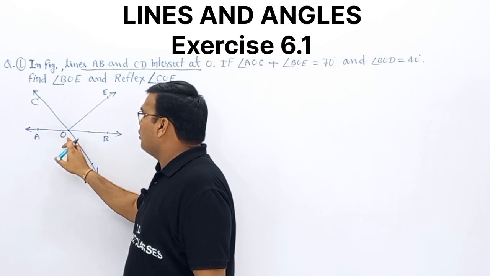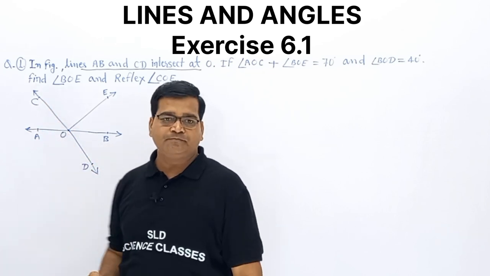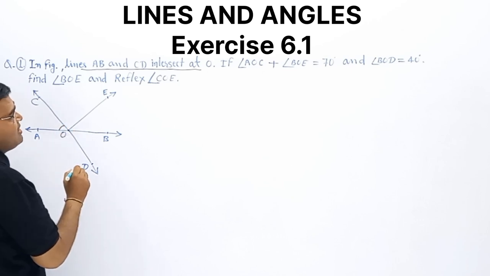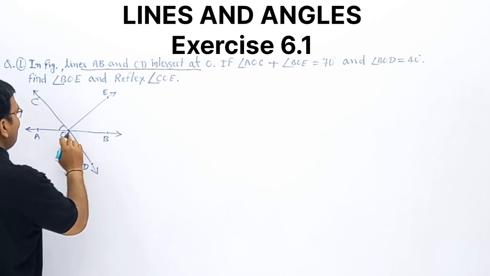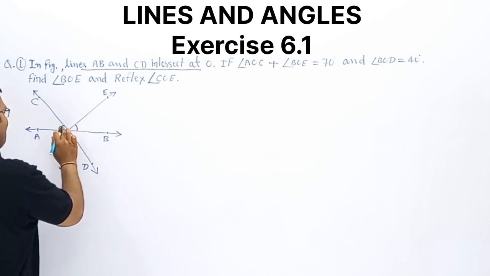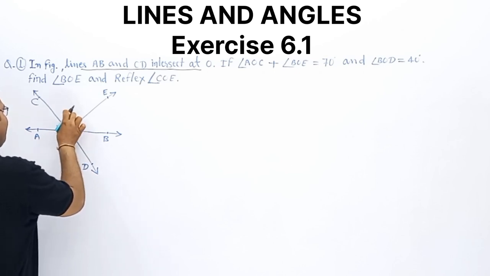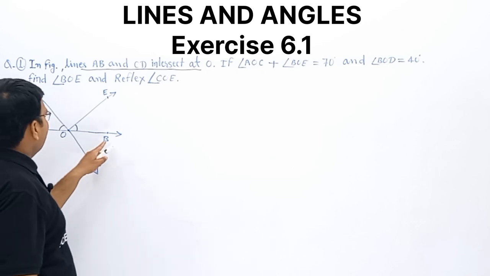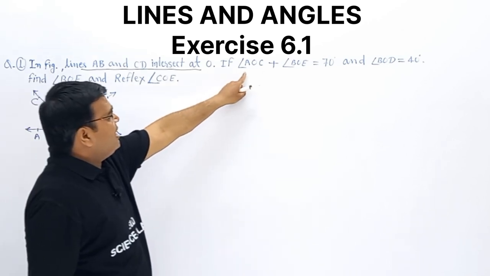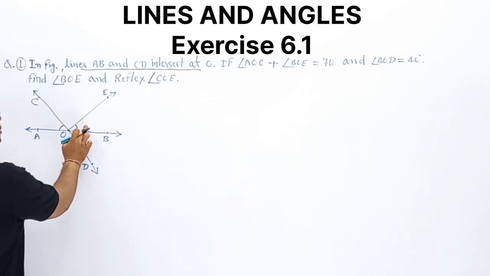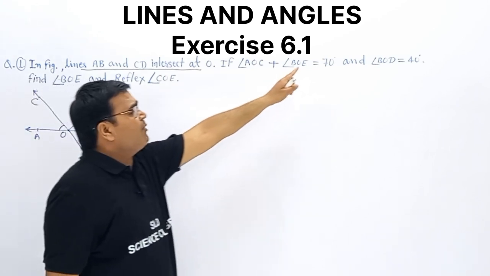If angle AOC plus angle BOE, what is this angle? Angle AOC, it means this angle. Angle AOC plus angle BOE, this angle. The sum of both angles is 70 degrees.